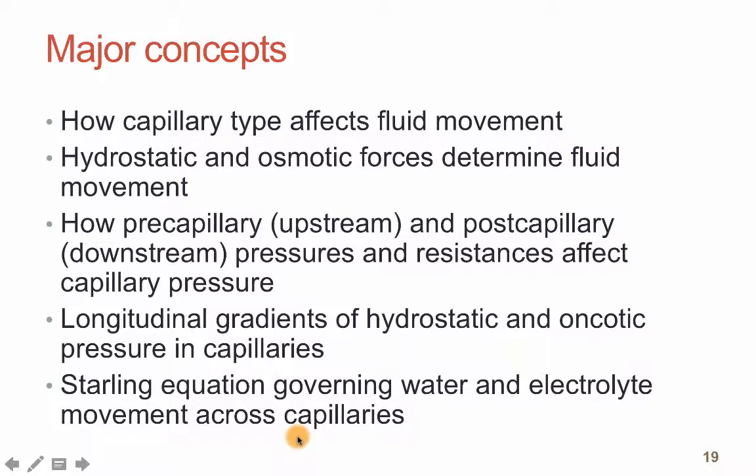We've seen how longitudinal gradients of hydrostatic and oncotic pressure in capillaries can also alter the fluid movement. And finally, we put this together into a Starling equation that helps to describe the movement of fluid and the physical forces such as hydrostatic forces, oncotic forces, and the characteristics of the capillary wall itself and how that determines the net fluid movement across the capillary.